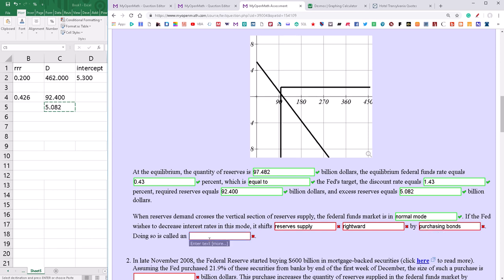Doing so is called an open market purchase.